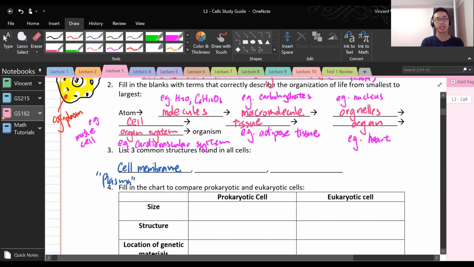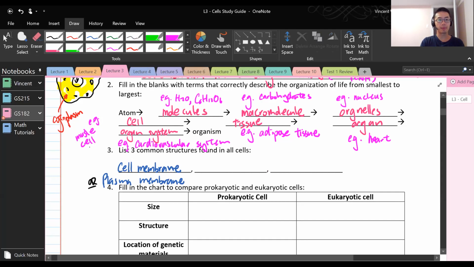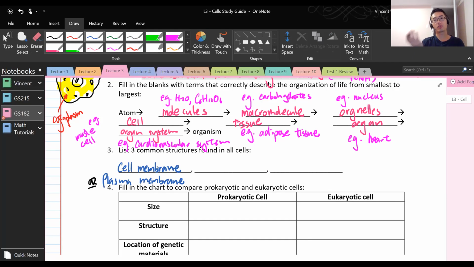Same thing, both are okay. That's the barrier that separates the outside, the non-living, from the inside, the living. And we will have a whole lesson on the plasma membrane next class.